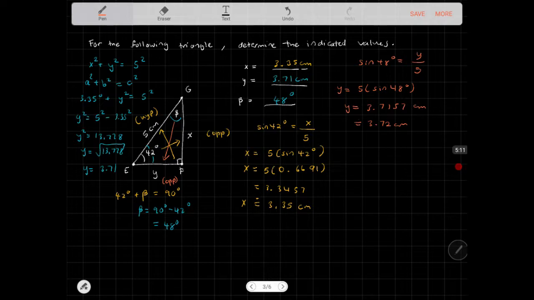We can also use the 42 degrees to solve for y by using cosine. Let's see that. I'm going to show you that it gives you the same value. If I do cosine 42 degrees, then y is the adjacent side over the hypotenuse 5. If I multiply 5 to both sides, you can solve for y. So y is equal to 5 times cosine 42, which is approximately 3.7157 as well, right?